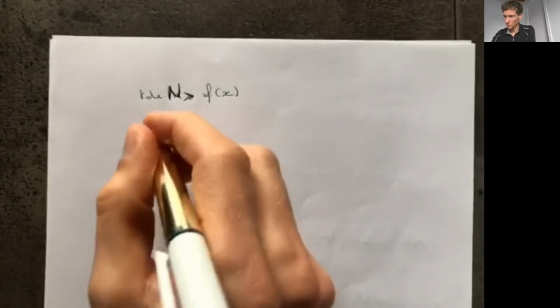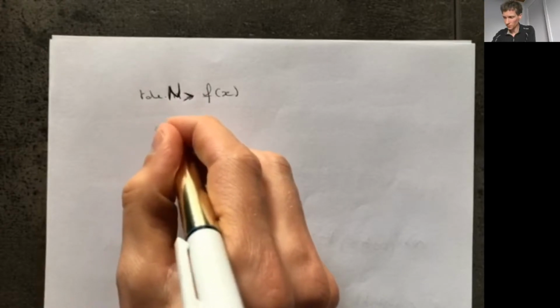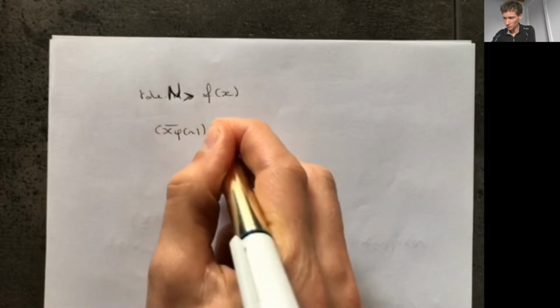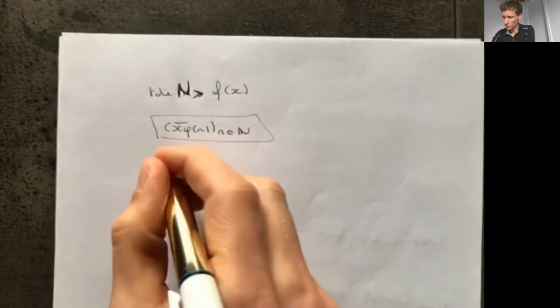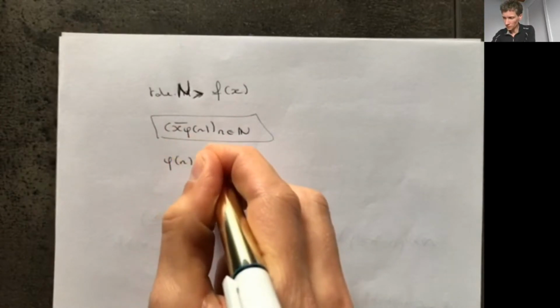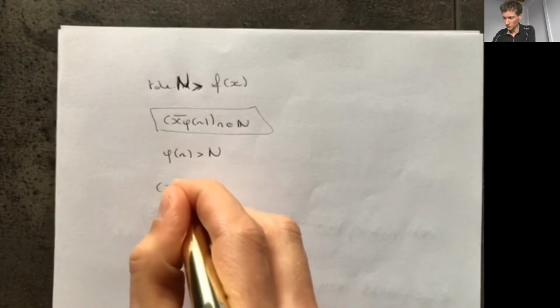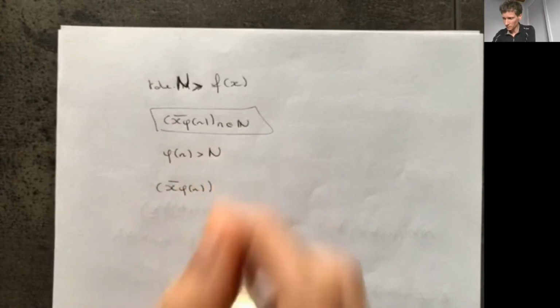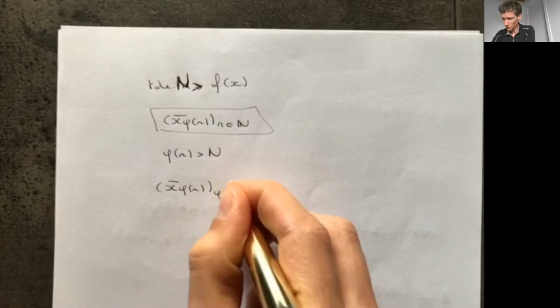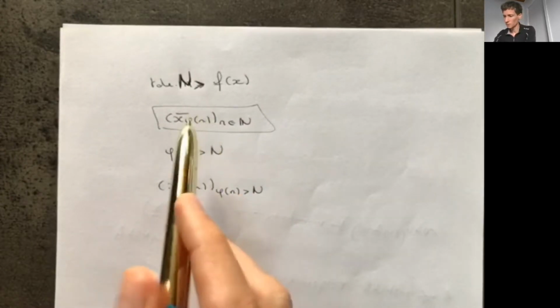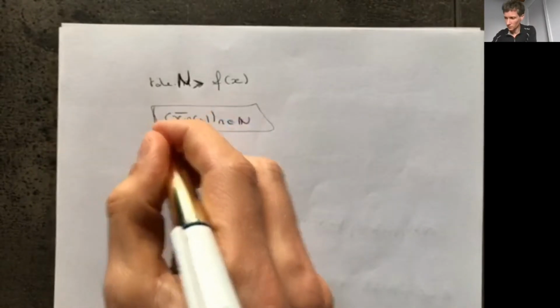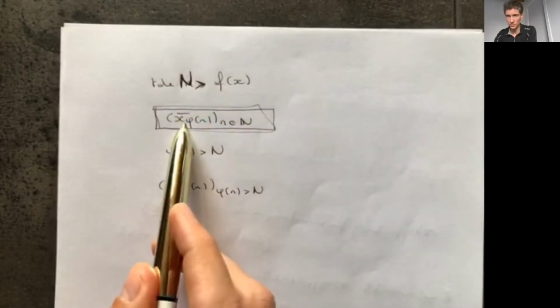So remember that we had the sequence x phi n, which was a subsequence of xn. So we can look at the subsequence of the sequence where we only look at the phi n's that are greater or equal to this big N. So this generates the sequence x phi n, and then only for phi n's greater or equal to this N. So we had this subsequence of x's here.